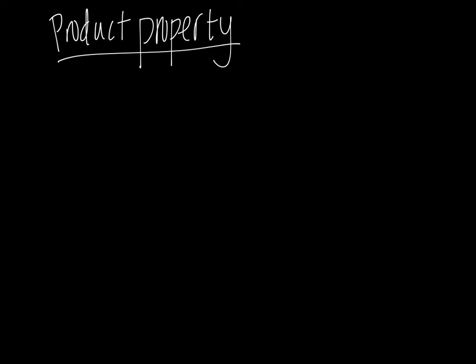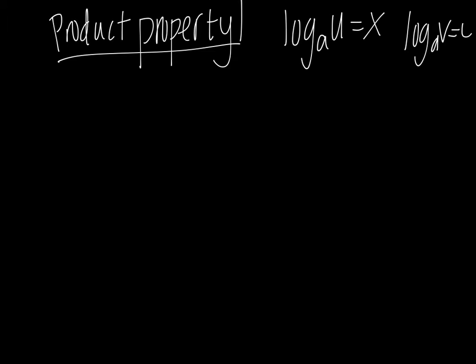Let's start with the product property. And really, for all of these, there are some assumptions we're going to make, because we're going to basically do an algebraic proof. Let's go ahead and say that log base a of u equals x, and log base a of v equals y.